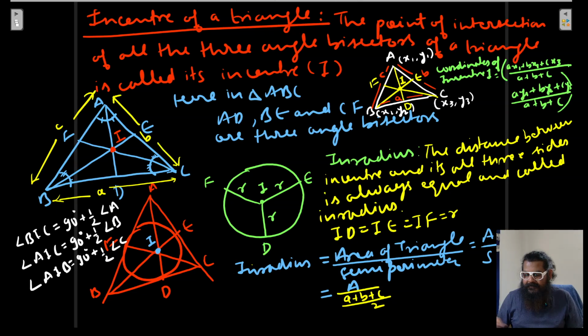Hopefully you have understood everything about the incenter also. We will take the questions after completing all four types of centers in the triangle. We will take some problems also, so that conceptual clarity is precisely done.